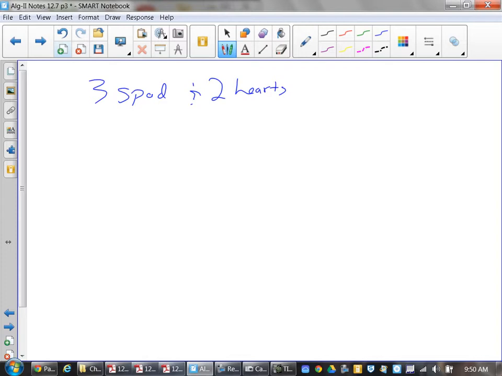Well, first thing, you want exactly 3 spades and 2 hearts. There are 4 suits. You want to choose one of them. You want to choose the spades. There's 4. Choose one. Of those cards, there are 13. You want to choose 3.